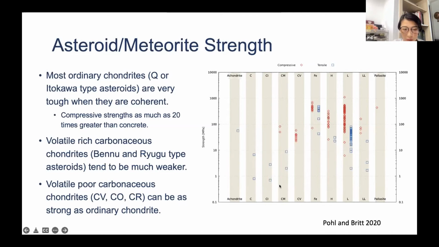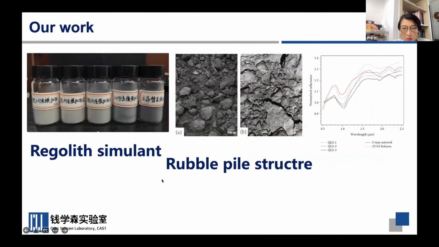But volatile-rich carbonaceous chondrites, CM and CI, are very weak. If you hold one piece of CI, you can crush it. It's very much weaker. The volatile-poor ones, CV, CO, can be as strong as the ordinary chondrites, but still lower than ordinary chondrites.